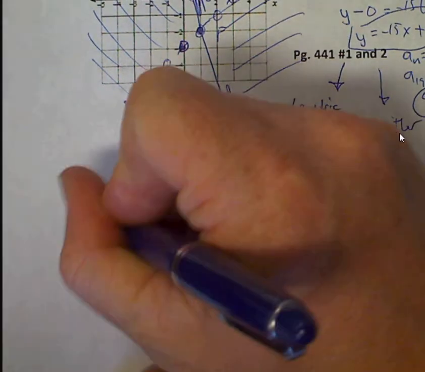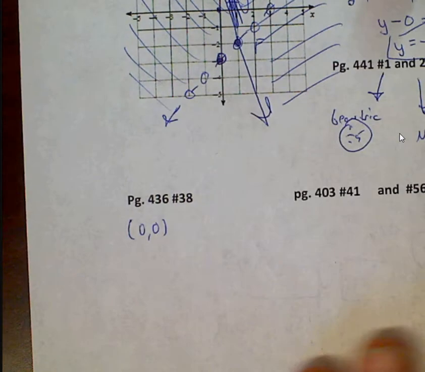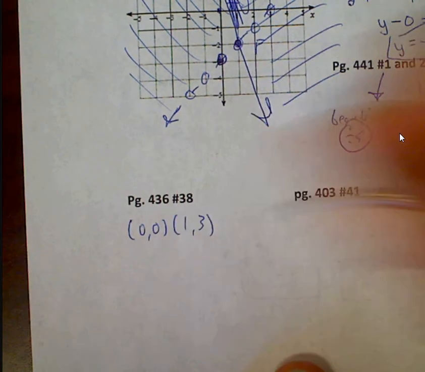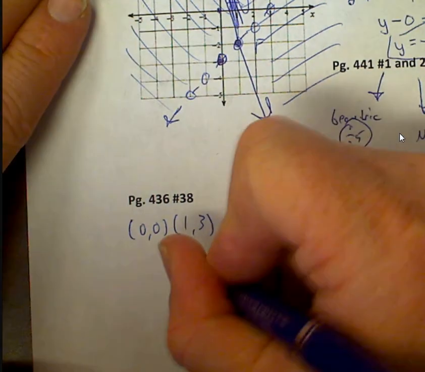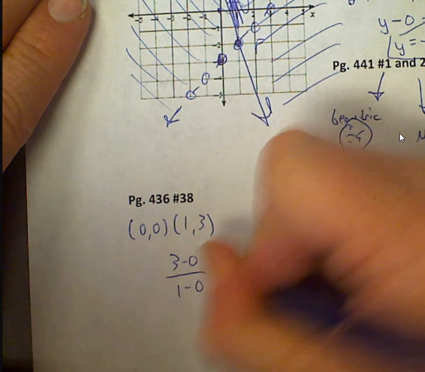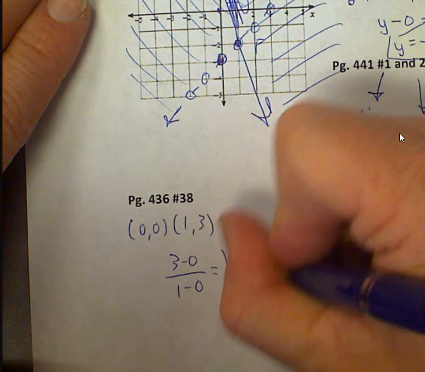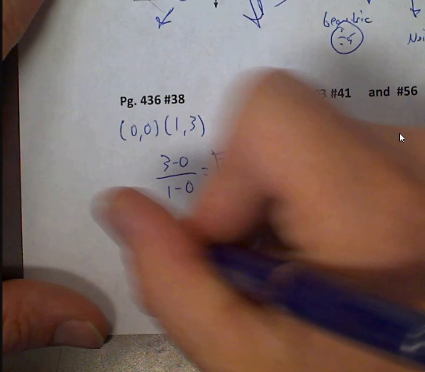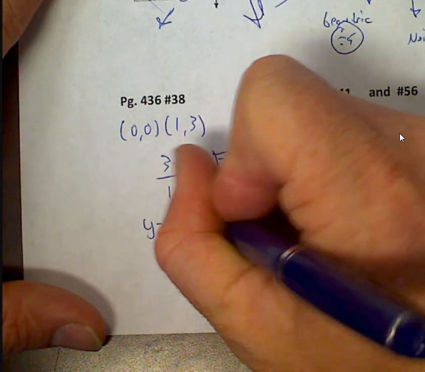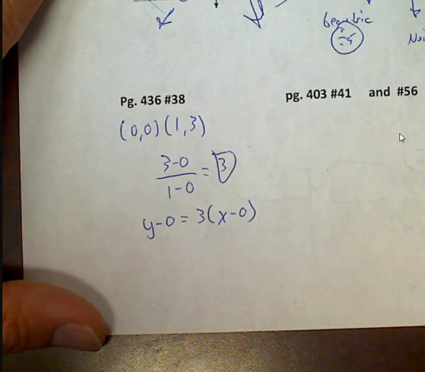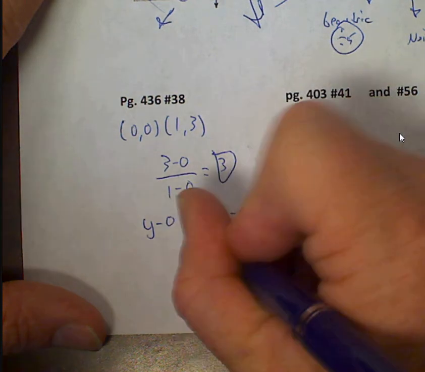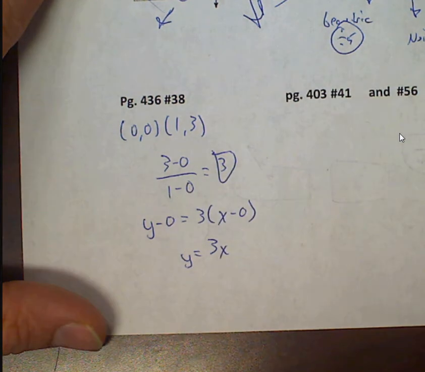My first point is 0, 0. The second point is 1, 3. So my slope would be 3 minus 0 over 1 minus 0, so it's 3. There is my slope. Y minus 0 equals 3 times x minus 0. So y would be 3x.